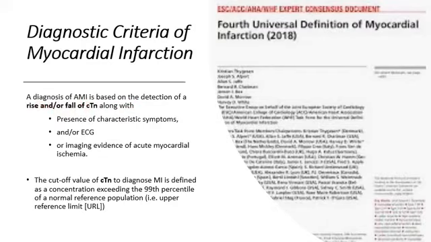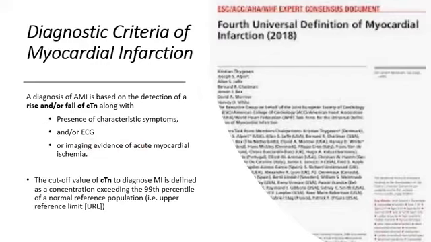So the major cornerstone of these criteria is the cardiac troponin, in addition to the presence of symptoms, and we will upload a video for you about how the patient will present. There will be ECG findings, and there may be imaging evidence of acute myocardial ischemia.